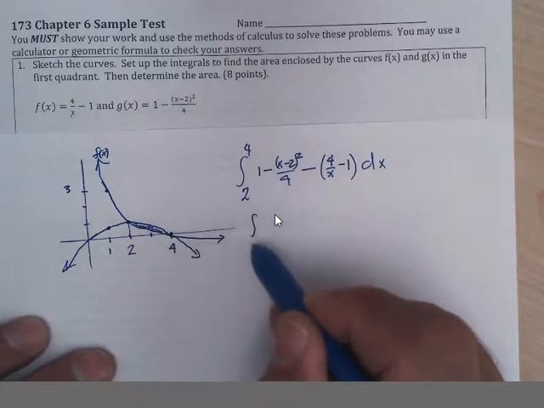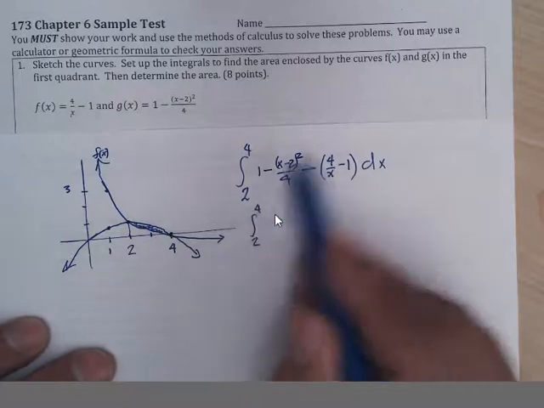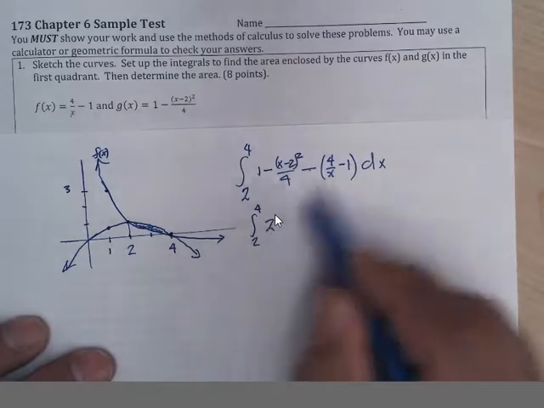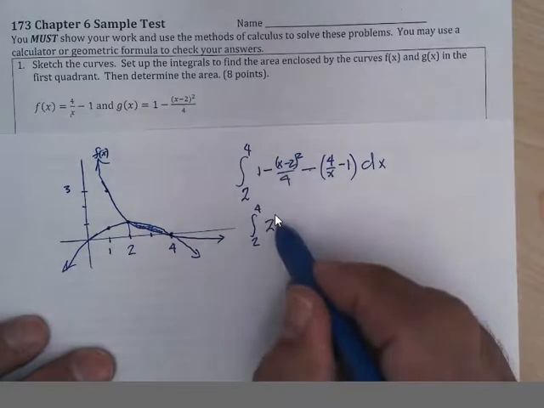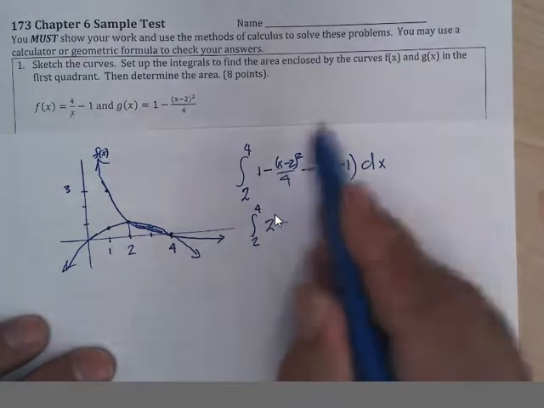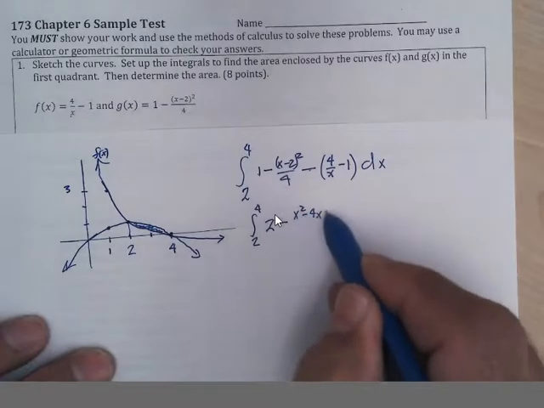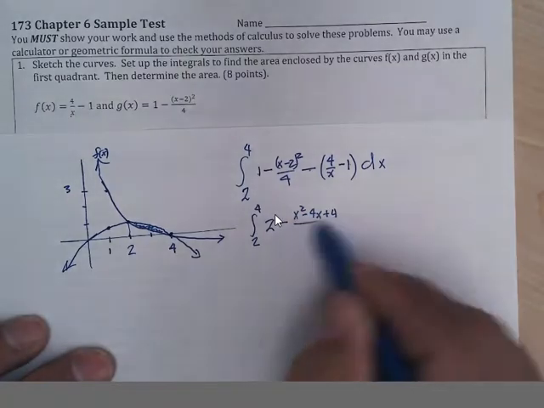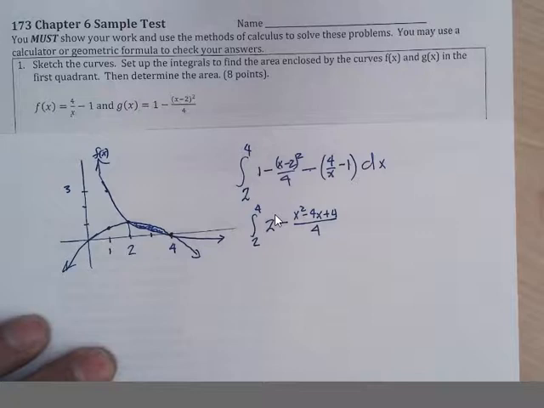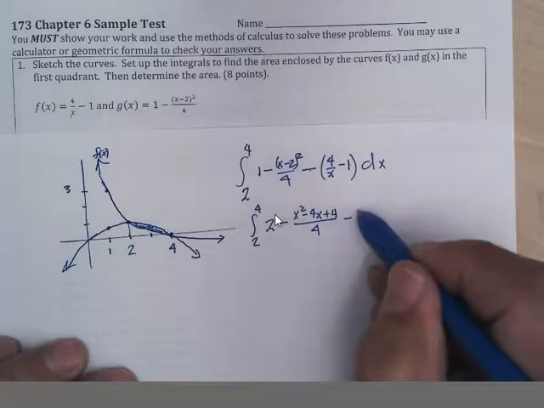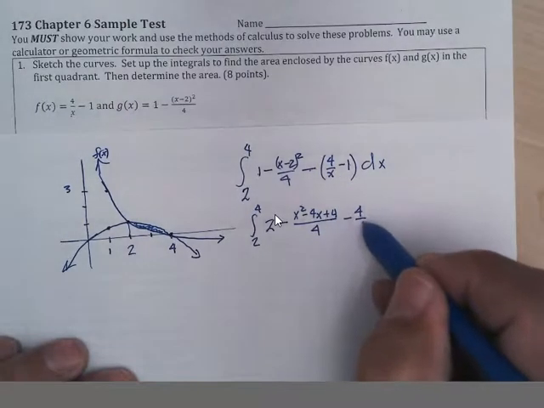So it's going to be from 2 to 4. I've got 1 minus a minus 1, which is 2. I have minus x squared minus 4x plus 4 divided by 4. And then I have minus 4 divided by x.